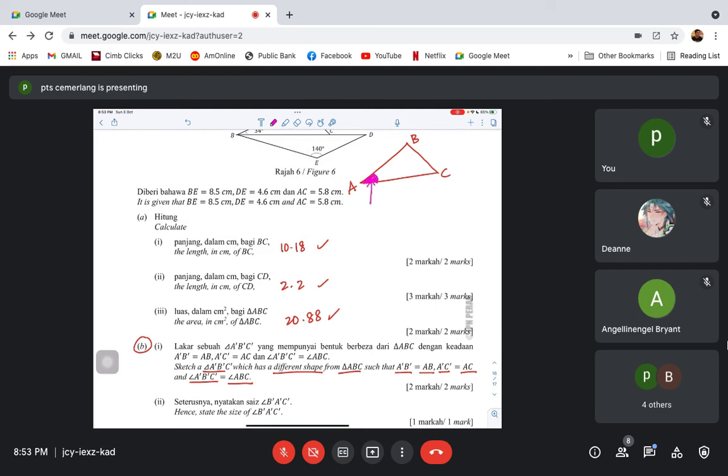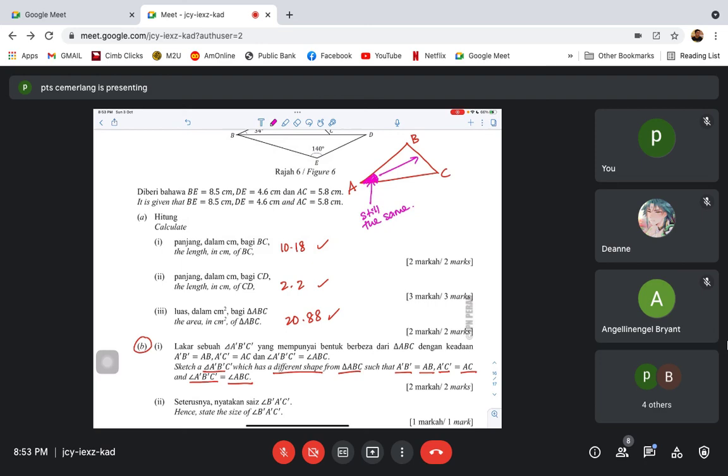So this one is still the same. If the angle A is the one that stays the same, you are going to move the side which is opposite to the angle. You akan cuba gerakkan you punya sisi BC. Only BC can move. The other cannot move. You must remember that, okay?